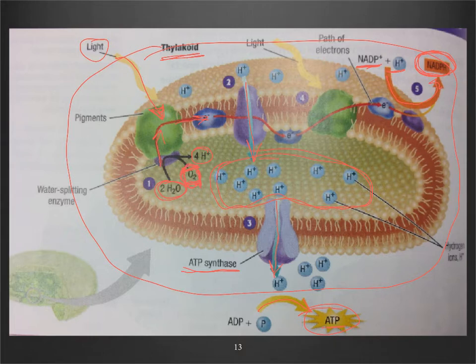Oxygen gas produced by the splitting of water, ATP, which is produced by ATP synthase, the enzyme, and the hydrogen ions that came from the splitting of water provide the energy to convert ADP to ATP. The electrons, the other part of the water that's being split, provide the energy to convert NADP plus to NADPH, the third product of light reactions of photosynthesis.